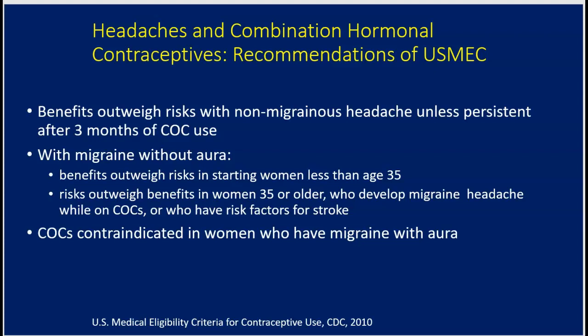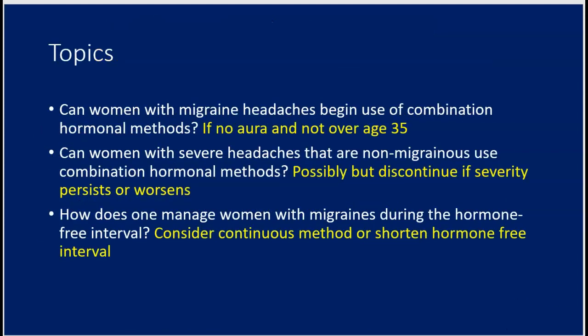However, the risks outweigh the benefits in women 35 years and older who develop migraine headaches while on combination oral products or who have risk factors for stroke. So one has to be much more cautious in starting older women, particularly if they have risk factors for stroke or develop migraine headache after you start them. And overall, combination hormonal products are contraindicated in women who have migraine with aura.